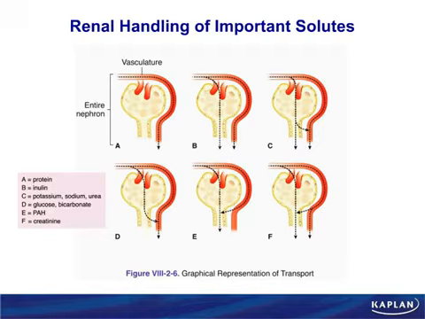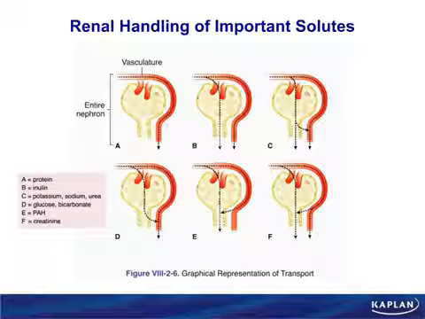F would be a substance like creatinine, or PAH at very high concentrations, where you are past the transport maximum. So you're filtering, you are able to secrete the transport maximum, but your carriers are saturated, so you're not secreting the entire renal plasma flow.